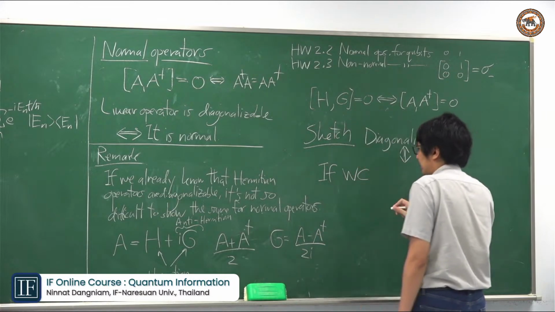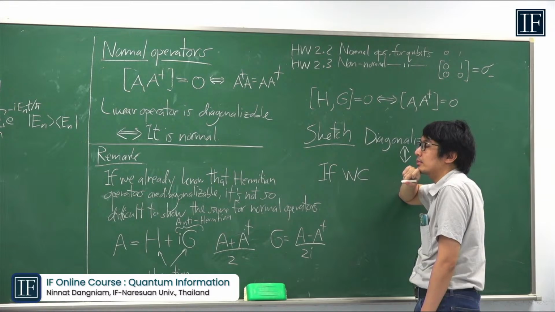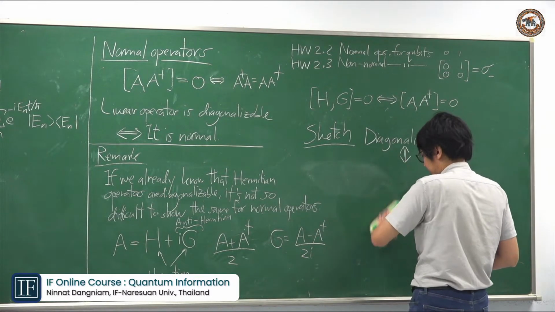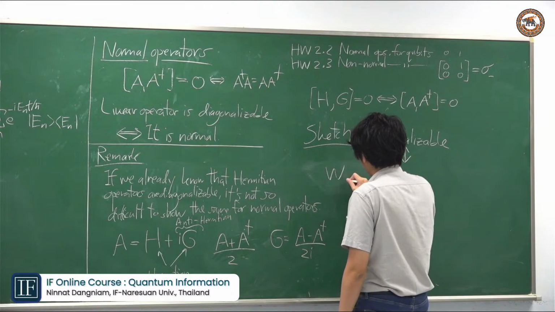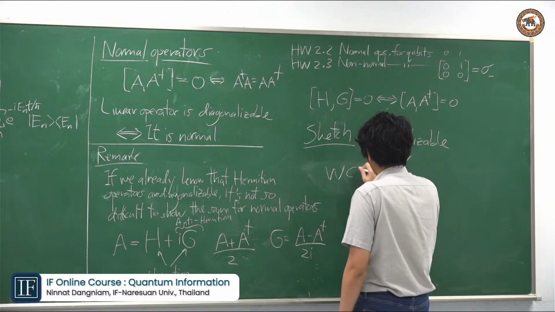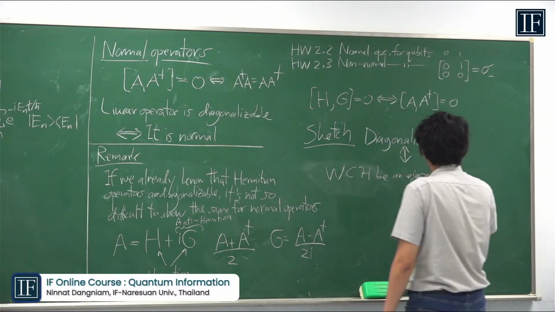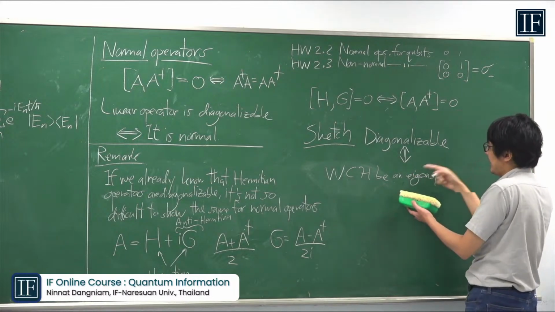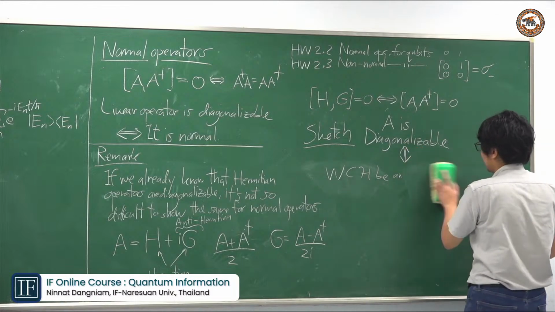a subspace, let's see, how do I say this? So let W be an eigenspace of A. So let's say A is diagonalizable.